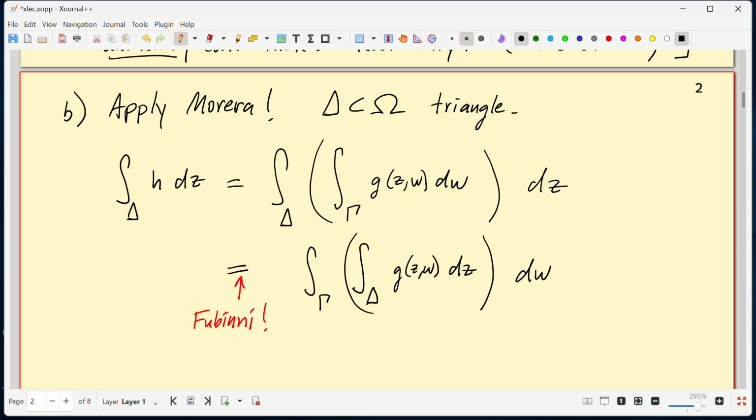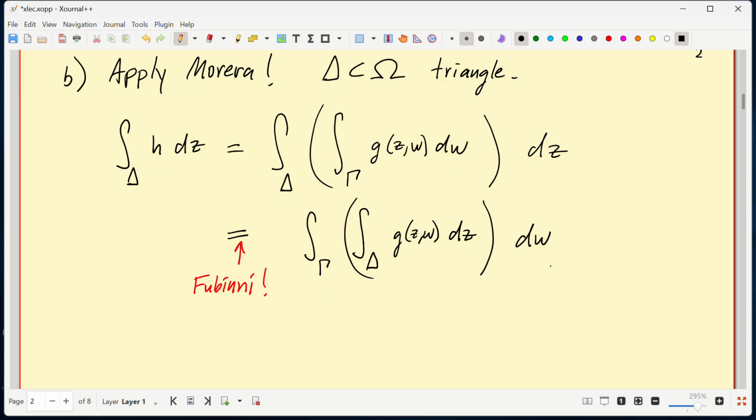So that's the key here. This is 0. G has a removable singularity. So this is equal to 0, because G has a removable singularity at W, when W is fixed.